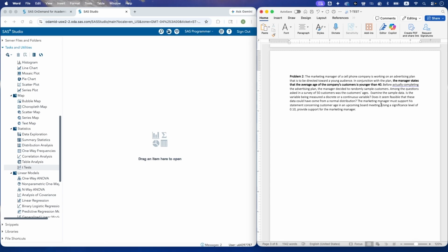So first of all, we have to think about what the sample is. We have only one group. So we're talking about one sample only, 50 randomly sampled customers. And we would like to compare their average to a single known value, which is 40. We don't have any second group.